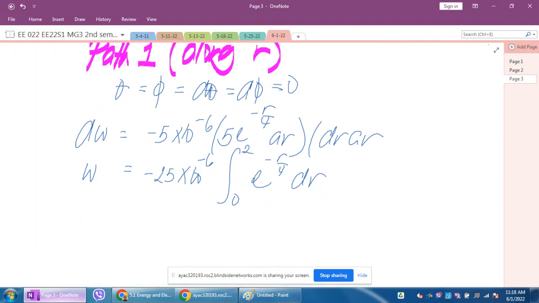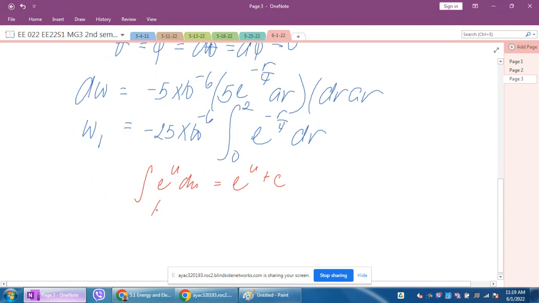So we have e to the u du. So, sabihin ko na lang ito, work 1, para meron akong palatandaan. So, let's evaluate the integral. Formula natin, integral of e to the u du is equal to e to the u plus c. Ano yung u natin? We let u be equal to negative r over 4.